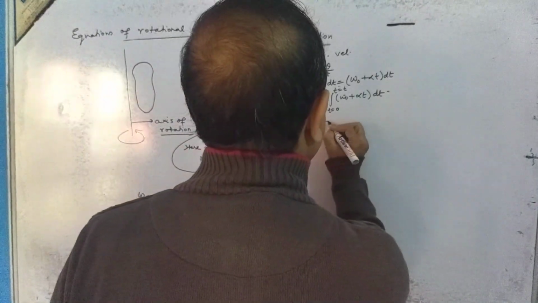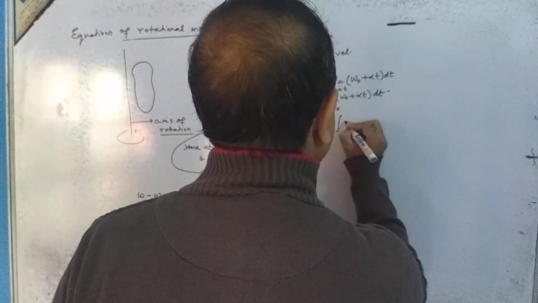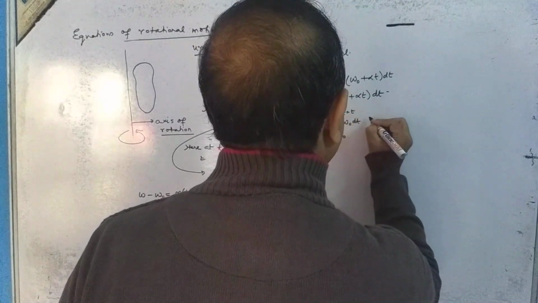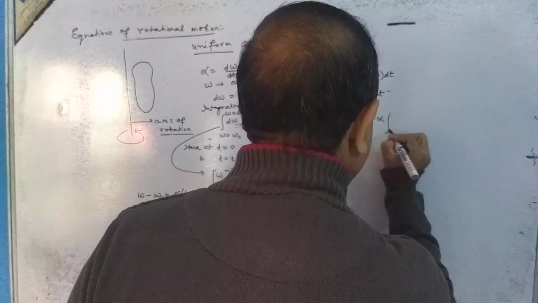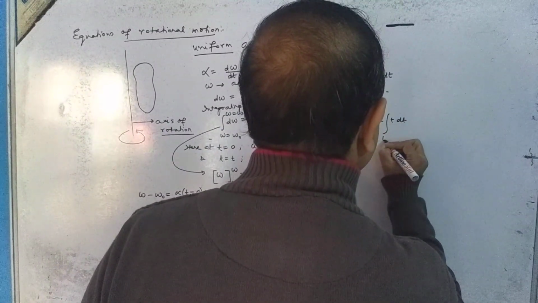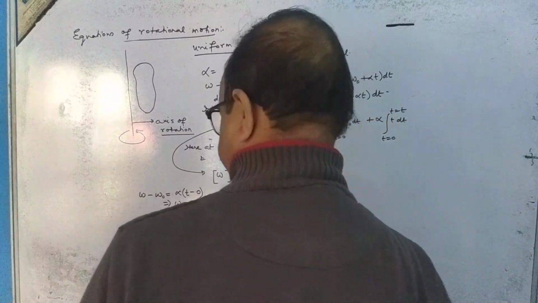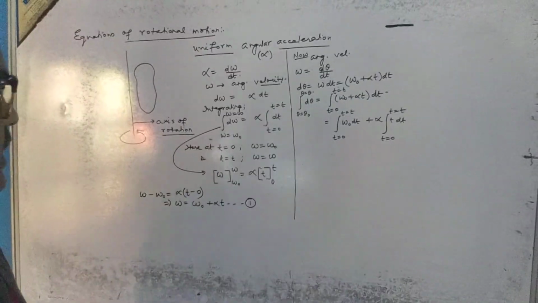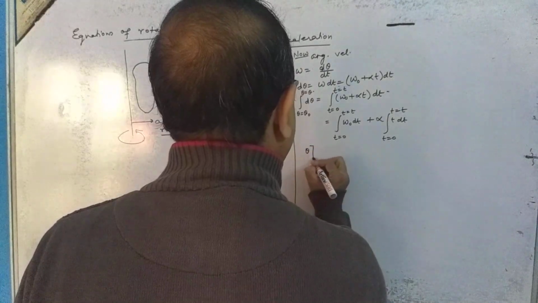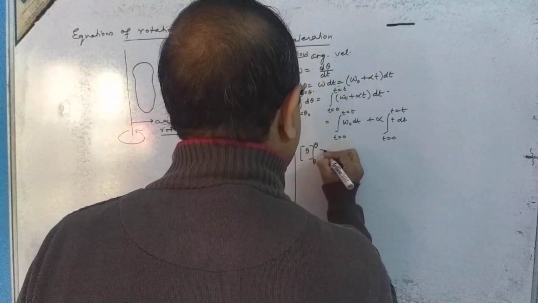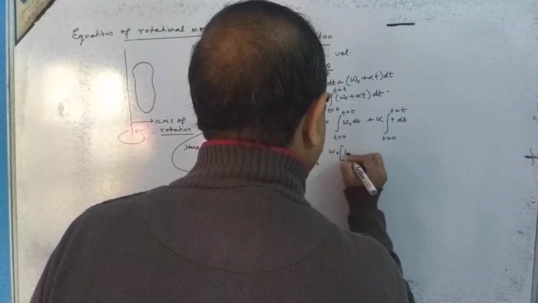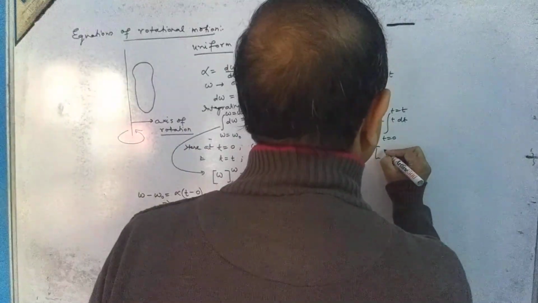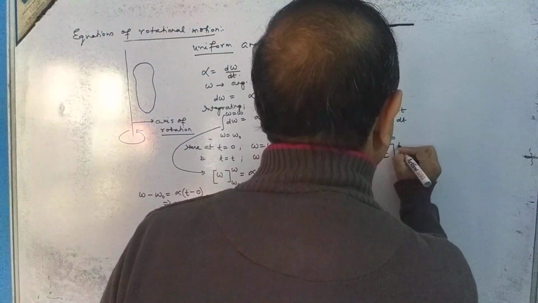As usual, according to the law of integration, we get omega naught dt with t from 0 to t, plus alpha taken out, t dt with t from 0 to t. Because we have studied integration, it comes in two parts. So how much are we getting? Theta from theta naught to theta equals omega naught times t from 0 to t, plus alpha times the integration of t dt, which is t square by 2 from 0 to t.